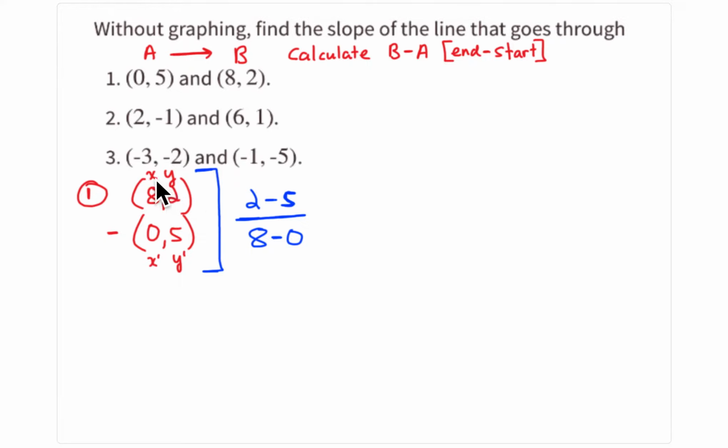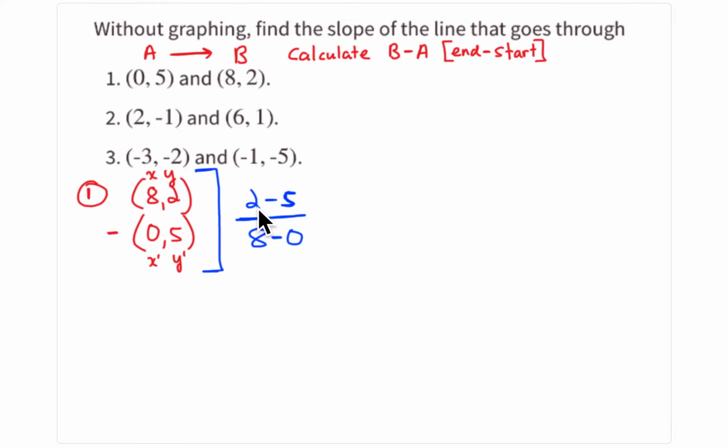So eventually we're going to write this formula as x minus x prime and y minus y prime, where x and y are the ending points and x prime and y prime are the starting points. And you're going to subtract the starting points from the ending points. The proper way to write it is right here. So this is y minus y prime, which is 2 minus 5.